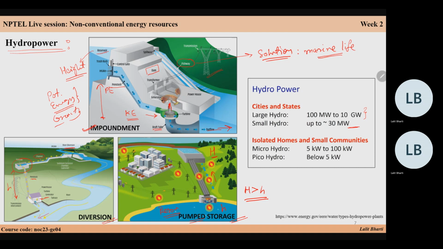First through the pump, it will be reaching from height h to H. Then whenever the energy is required, the valves will be opened and the water will flow from height H to smaller h. So it will provide energy by rotating the turbines.